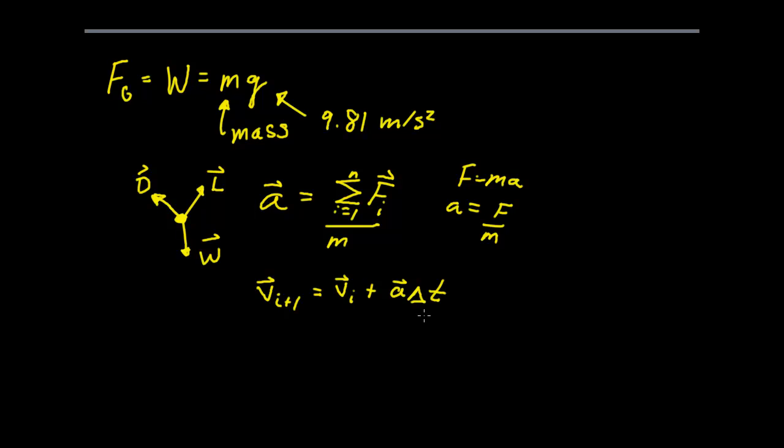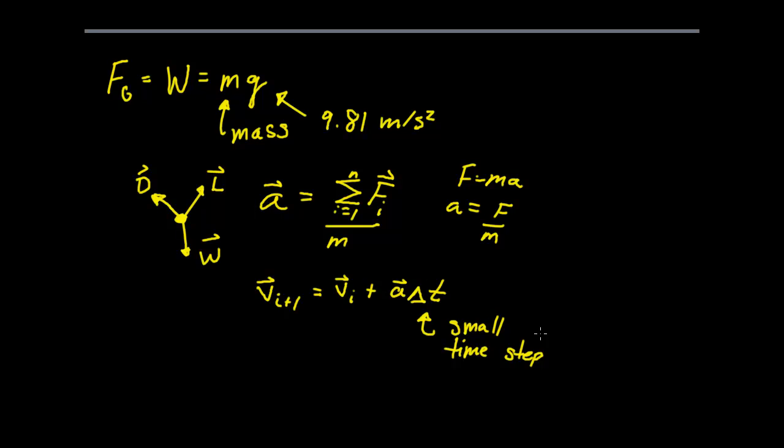This delta t is just a small time step. So we know this is our previous velocity, here's our current acceleration, and here is our small delta time.